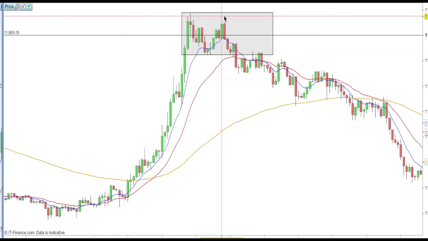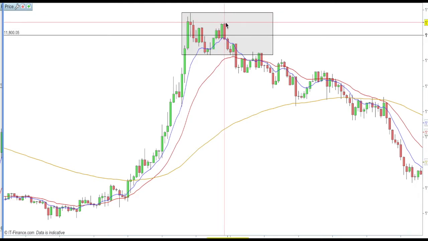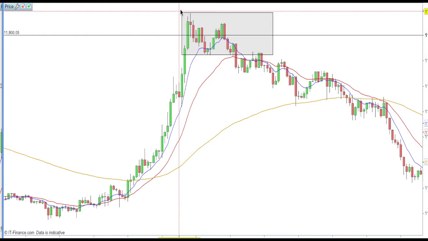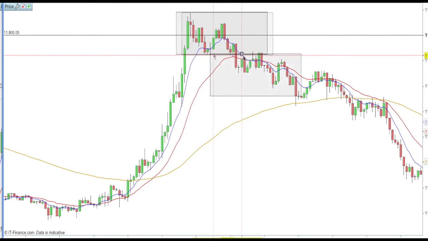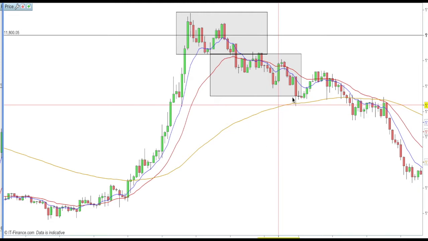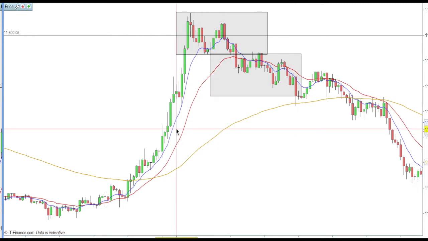Stop above the highs here, so stop above this lower high, the second high, and your target is the distance between the highest high in the pattern and the middle of the pattern. So duplicating our rectangle, you can see that we met target here, and that was met quite comfortably. You can see that that also tied in with this mini level of resistance here in the market.